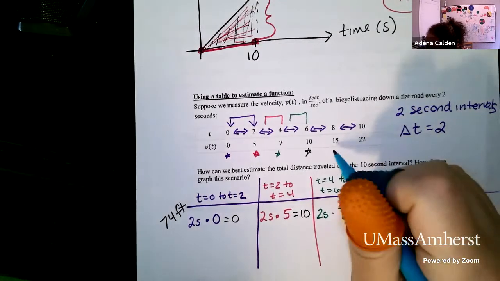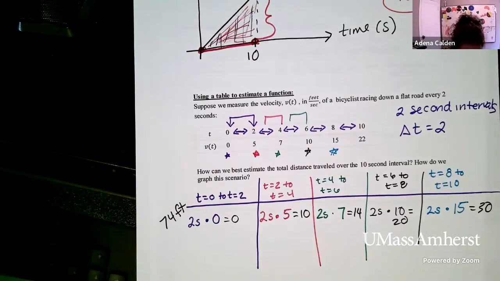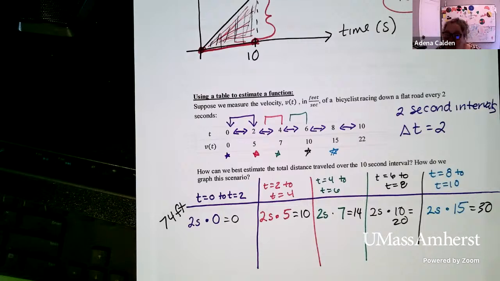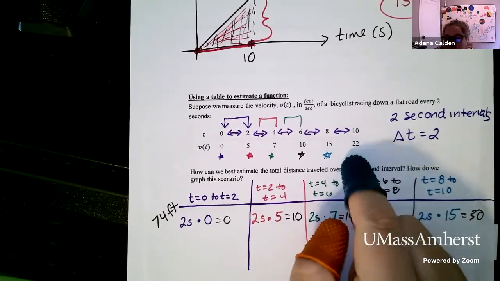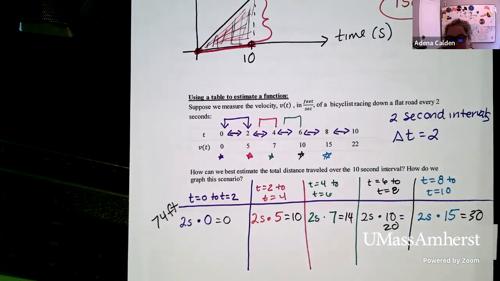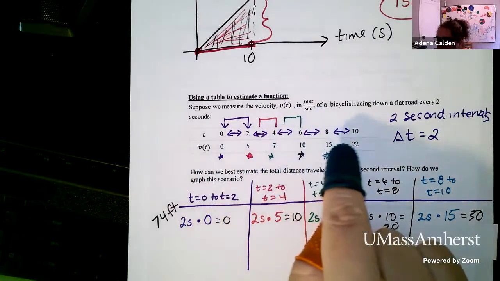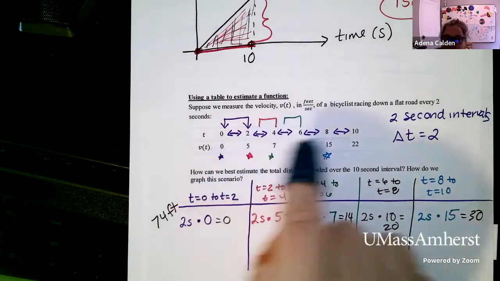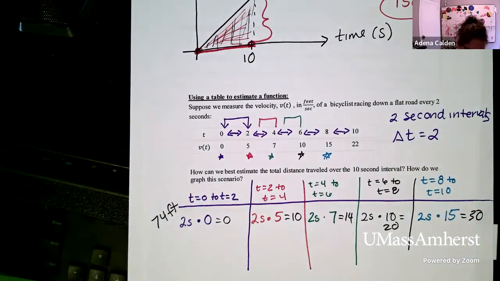Now, if you are this bicyclist and this is for $1 million, you are going to be very, very unhappy with the way I decided to do this, because I didn't even use your fastest time. I didn't use the 22. By picking the rate on the left each time, I used the rates starting at the very first rate, but I didn't use the last one, which was your fastest rate.